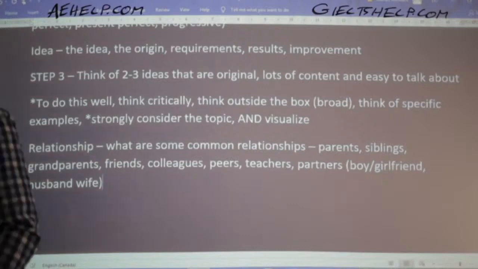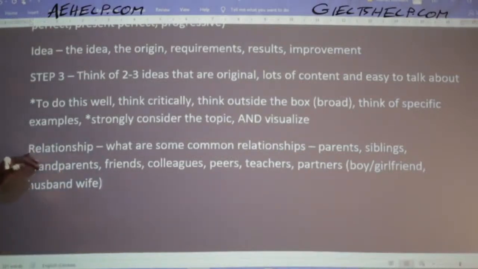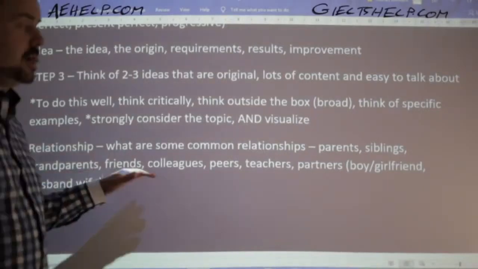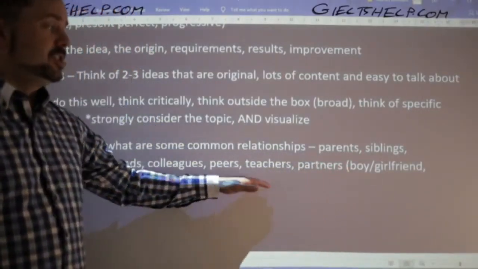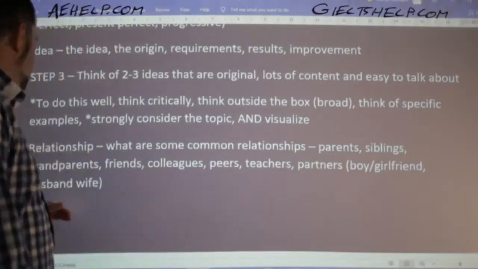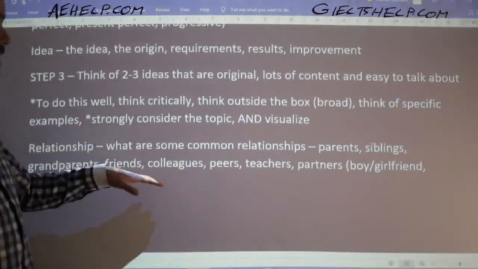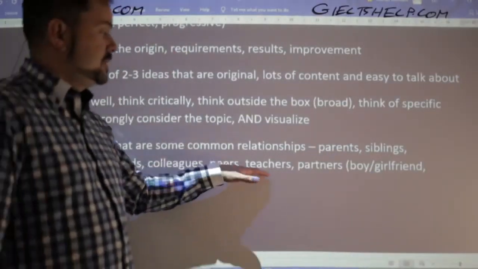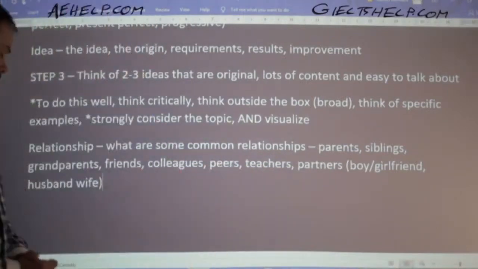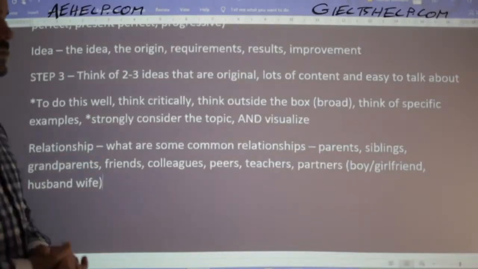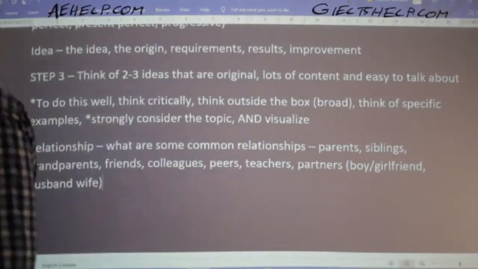Okay, great. So if I were to get this question, this would be a key thought to have in the planning process, to think about these different types of relationships: parents, siblings, grandparents, friends, colleagues, peers, teachers, partners, husband, wife, boyfriend, girlfriend. Okay, good. All right.